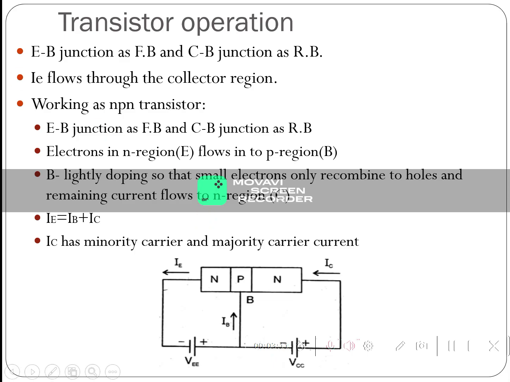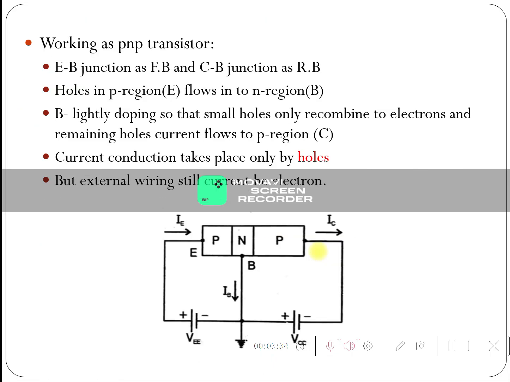Transistor operation: emitter base junction is forward biased and collector base junction is reverse biased. So the emitter current flows through to the collector region. In an NPN transistor, the collector current consists of minority carriers and majority charge carriers. In a PNP transistor, the emitter to base junction is forward biased and the collector to base junction is reverse biased.